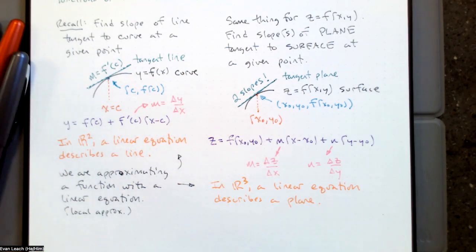So we're creating a local approximation, the same thing that we've always done with this derivative business.